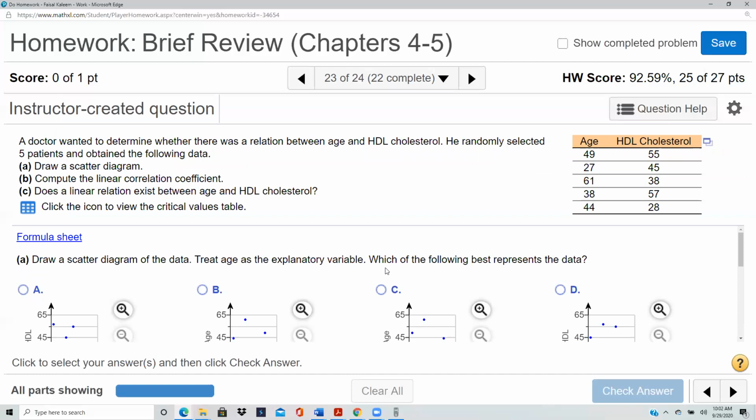A doctor wanted to determine whether there will be a relation between age and cholesterol. Draw scatter plots. How do you do scatter plots? You use the points from the data. But you can also do it on StatCrunch, can't you?